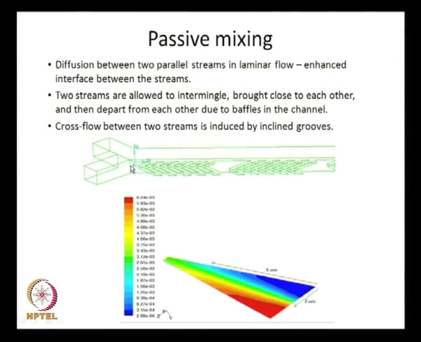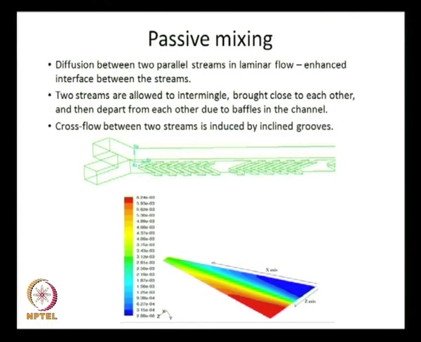When the flow takes place, suppose two streams are coming from two sides and you expect them to mix. As the two streams enter the channel, these grooves at the floor of the channel ensure that some portion of the fluid flows through the grooves, and when it does, it drags the fluid above it.